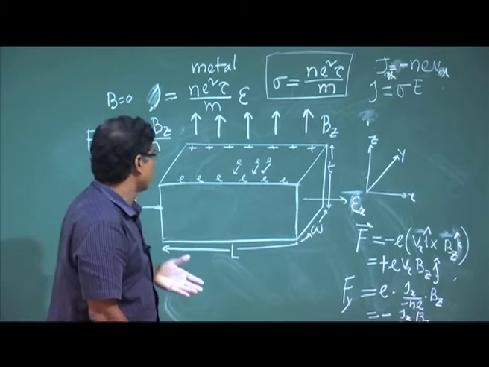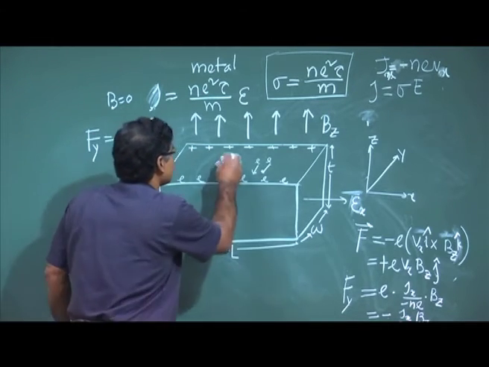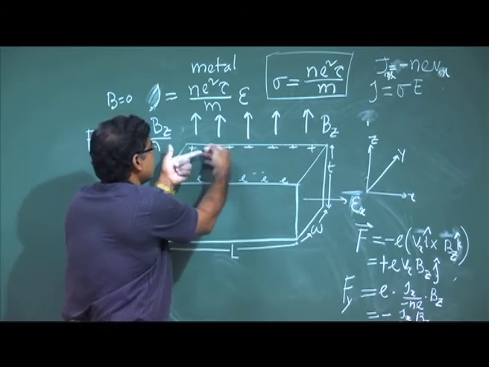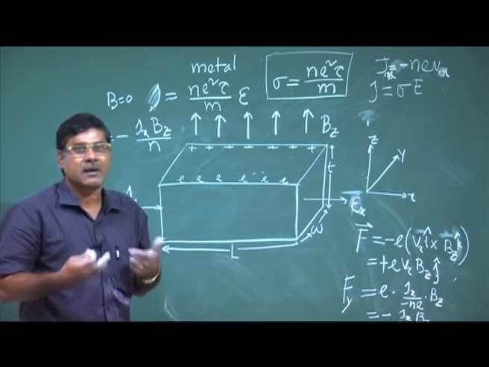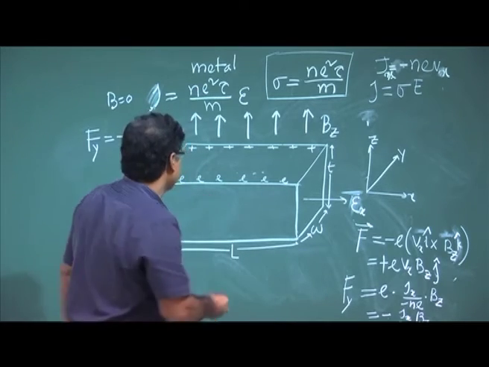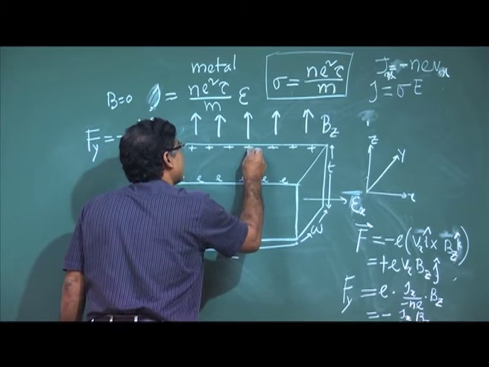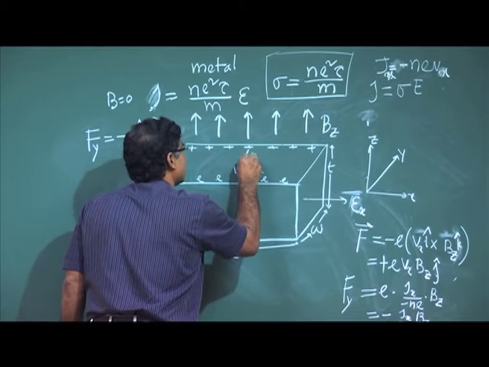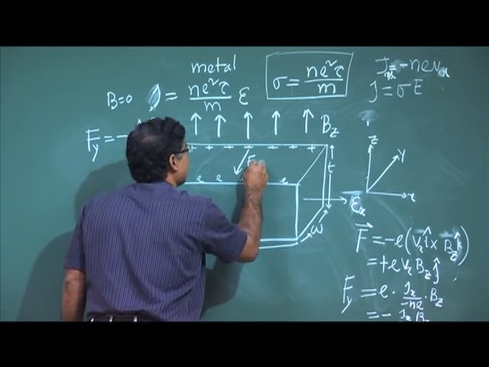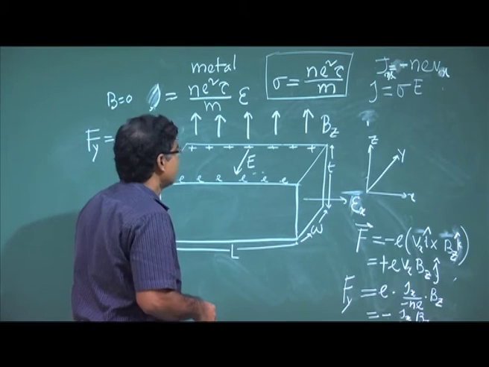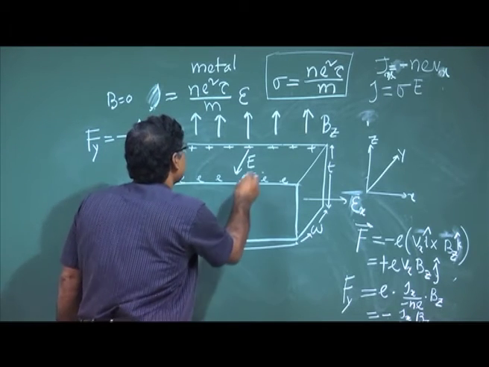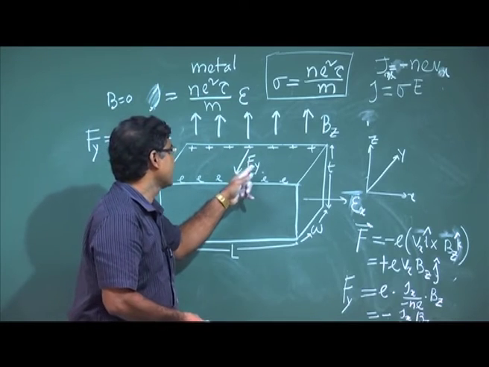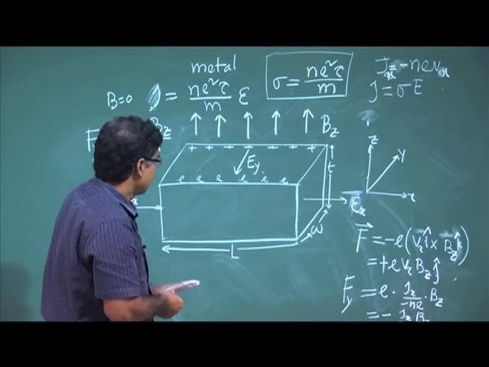Okay. So, what will happen because of this? Due to this Lorentz force, there is a charge separation, and this gives an electric field. The direction of the electric field will be positive to negative, so this electric field is along the y direction, towards the negative y direction, and we can write it as E_y.